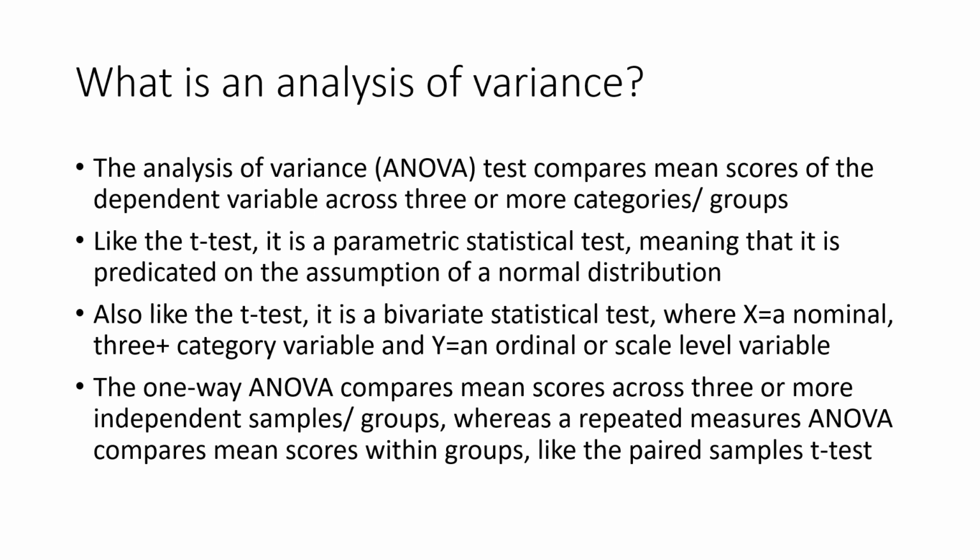And the repeated measures ANOVA is similar to the paired sample t-test. It compares mean scores within groups, but across time. So for example, at time 1 and time 2. Similar with the last chapter, we're going to focus primarily on the one-way ANOVA in this lecture series, and we'll cover the repeated measures ANOVA just a little bit at the end.